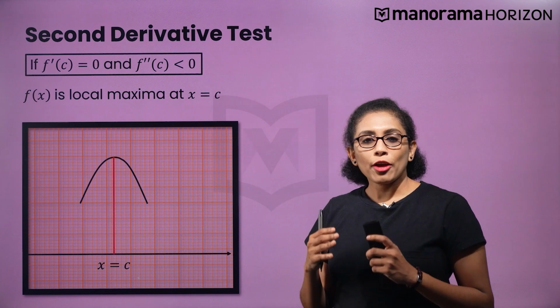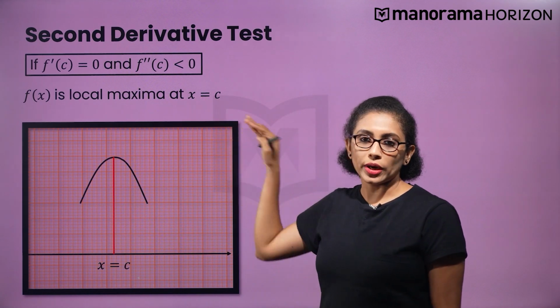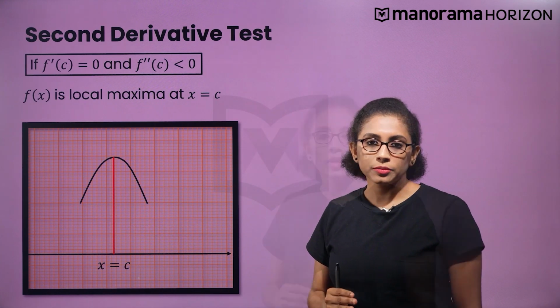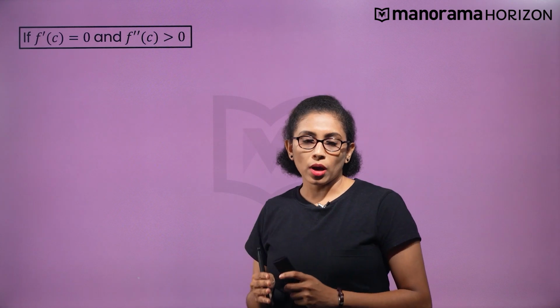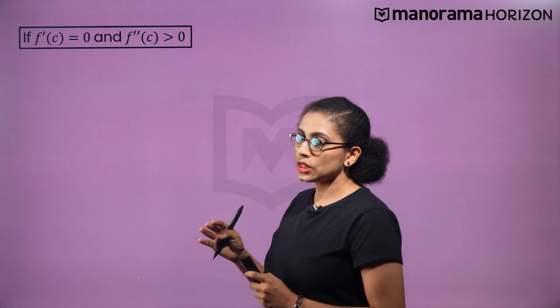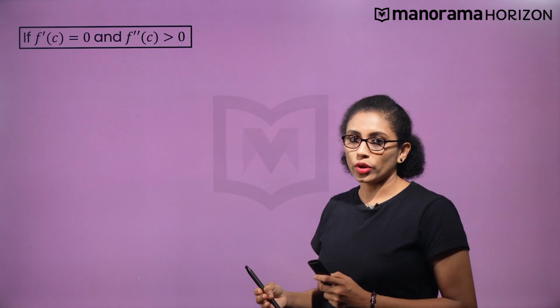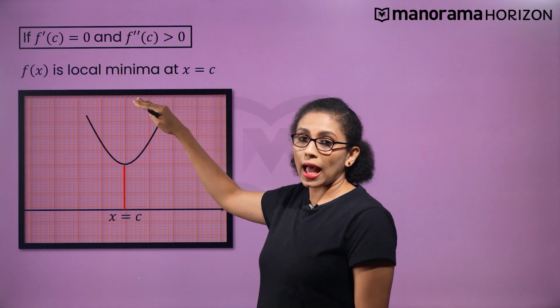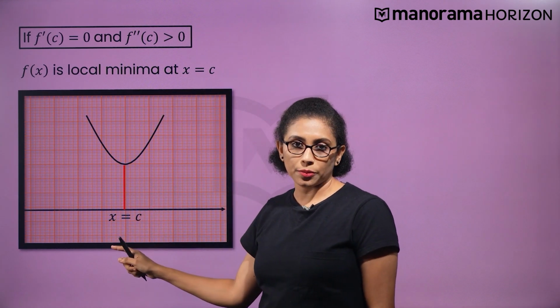Then f of x has a local maxima at x is equal to c. Alright. Now, x is equal to c is a point of local minima if f dash of c is equal to 0 and f double dash of c is greater than 0. Then f of x has a local minimum at x is equal to c.